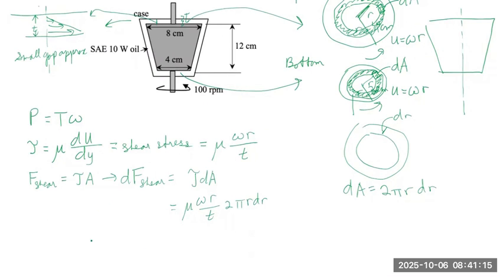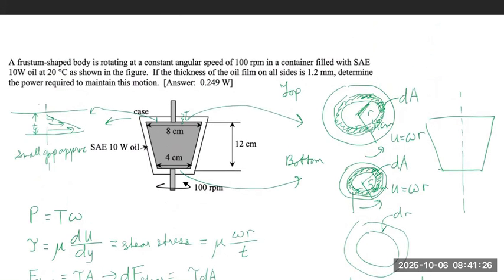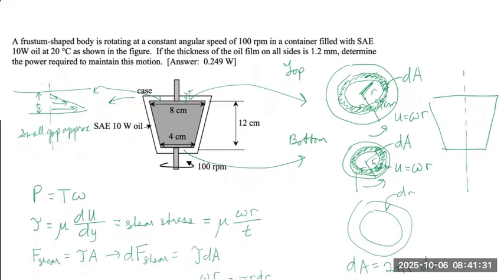Now, what is torque going to be? Torque, in general form, is a force times an r length. And that r length in this case is going to be this radius over here, since the viscous shear forces are located at distance r from the center.